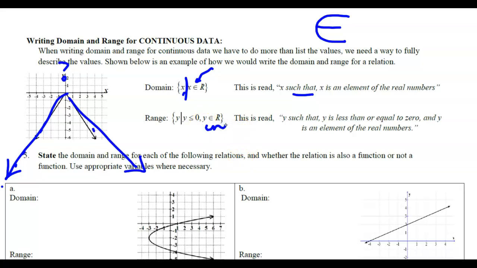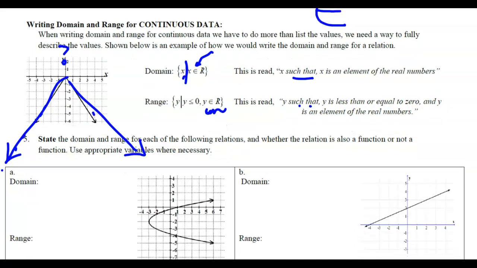It's just the notation that you have to do. If you don't, then technically someone might think that it's integers or natural numbers, so you have to put in that Y is an element of the set of reals. So we would say this: all the values of Y such that Y is less than or equal to 0, and Y is an element of the set of real numbers.